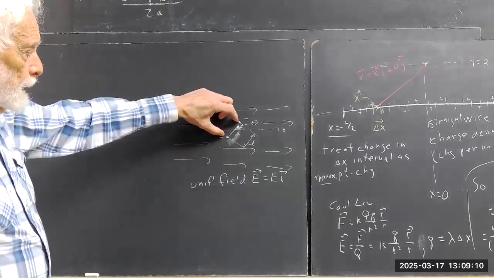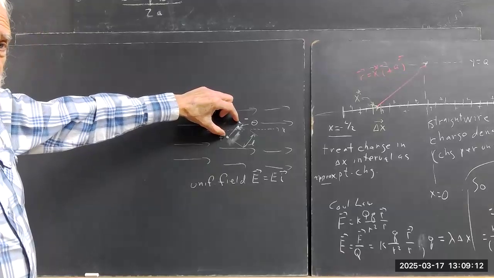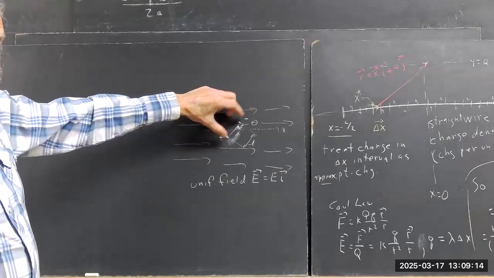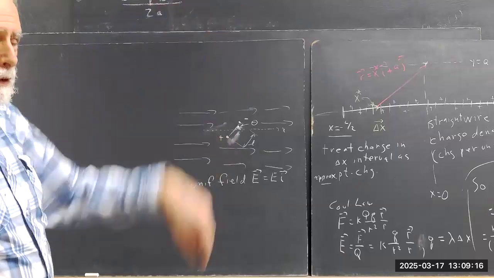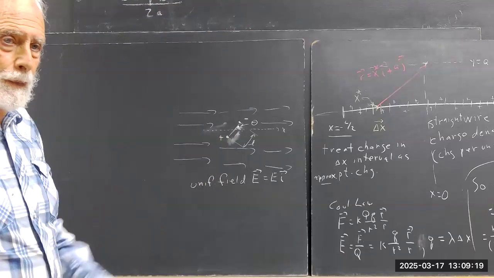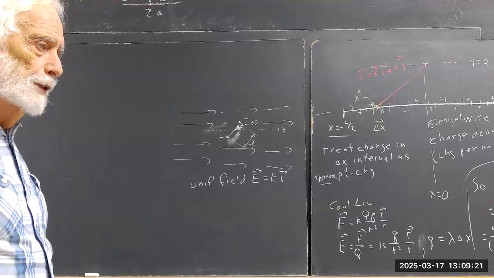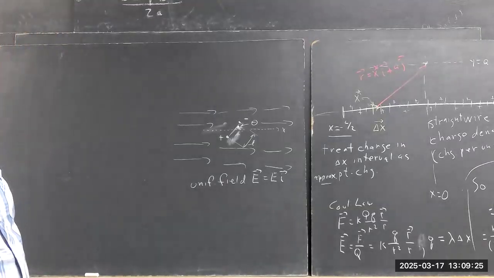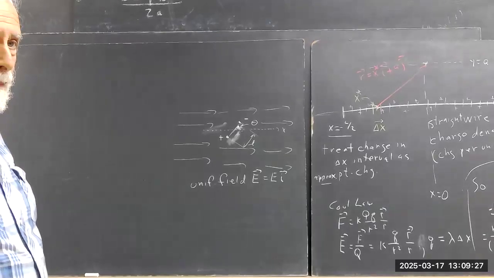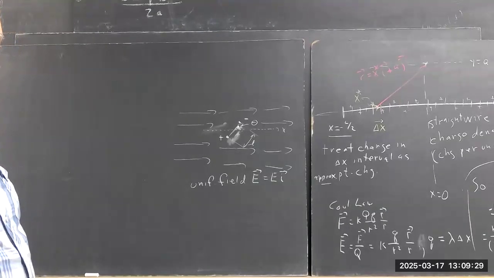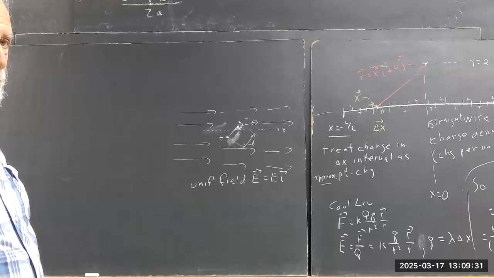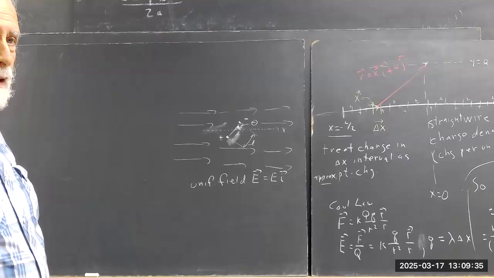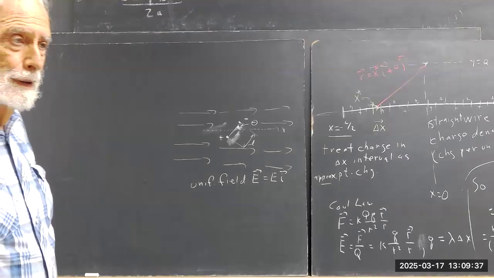So what's going to happen to this dipole if it's just a floating dipole, not necessarily fixed in any position? That dipole is free to rotate. What's it going to do?